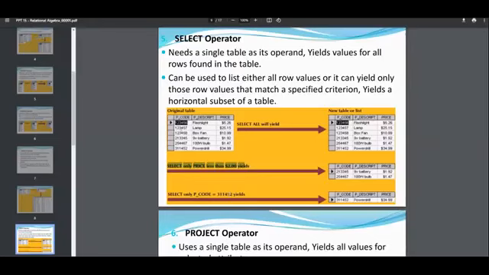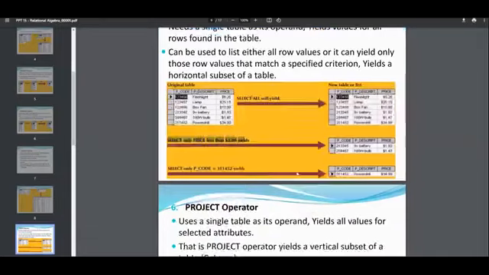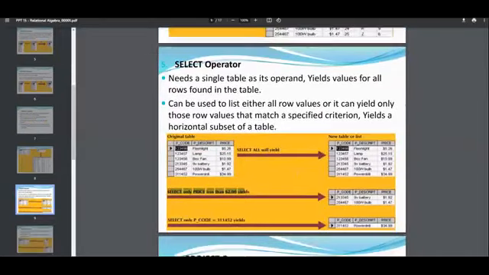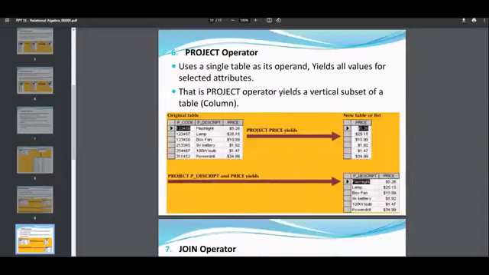Then if there is a database and tables and relations, according to the given command, only the required thing can be displayed. Right? So that's the way this select operator works. Then project operator, look at this one.